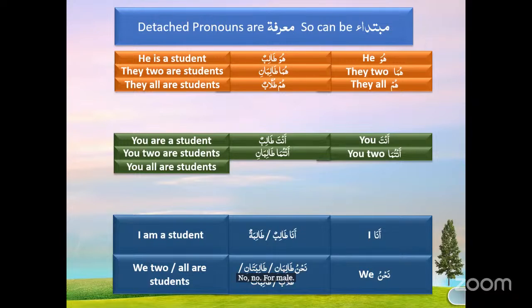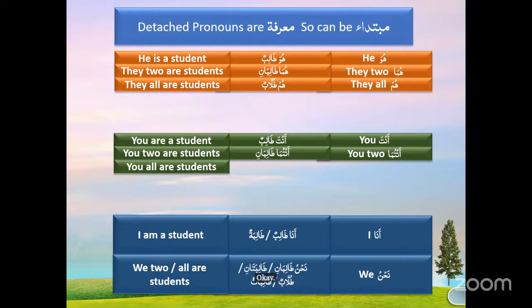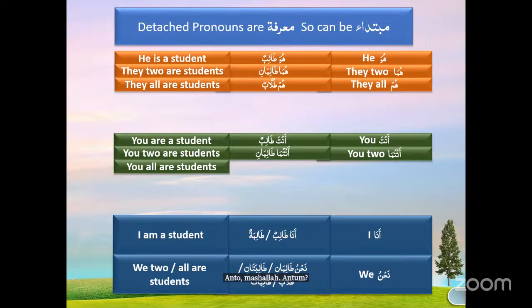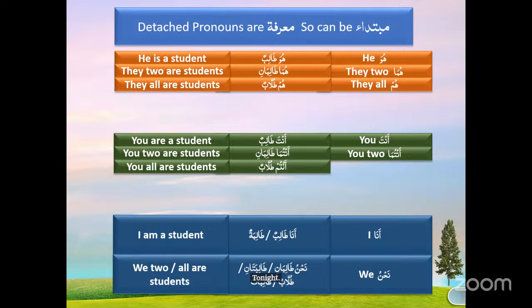Male would be second person, right? Anta, antuma, antum. Antum, mashallah. And the plural of talib will be tullabun. Antum tullabun. Okay, good job.